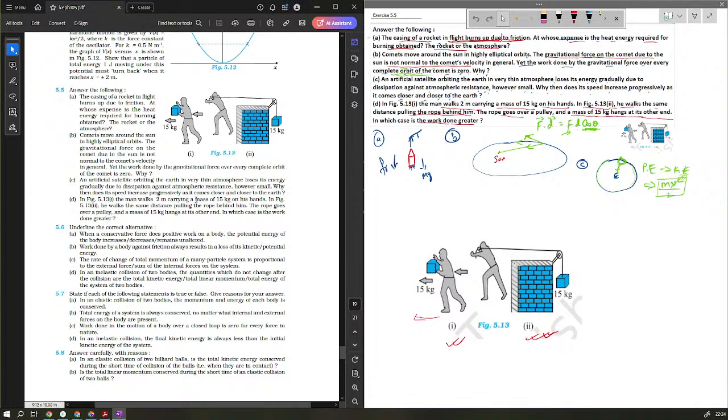In the second case the work is done against gravity, the force applied by the man is resisting the gravitational force, and the potential energy is increasing. So obviously in the second case the calculated work done would be higher than in the first case.